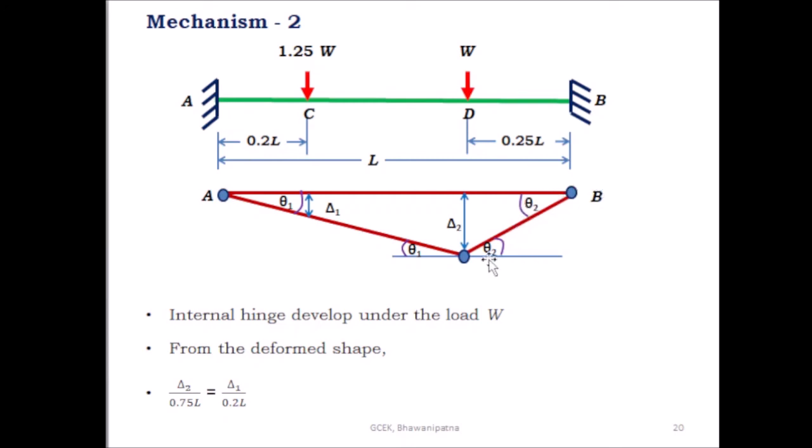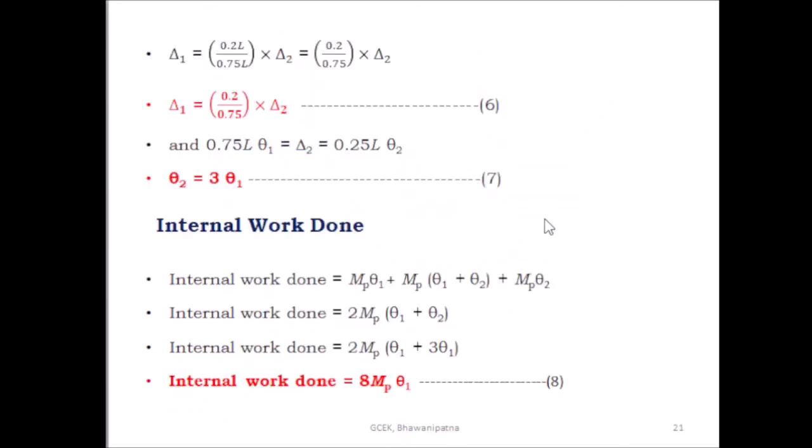MP into theta 2. And at the plastic hinge D, the total rotation is theta 1 plus theta 2 and the moment is MP. So what is the internal work done? MP into theta 1 plus theta 2. So the total internal work done is equal to MP into theta 1 plus MP into theta 1 plus theta 2 plus MP into theta 2.